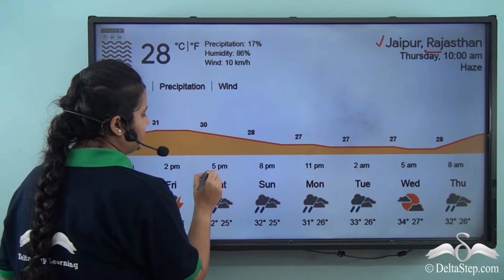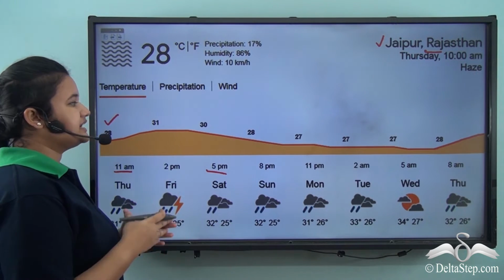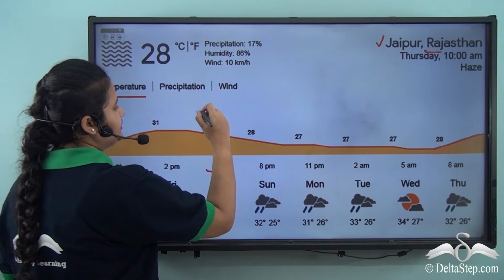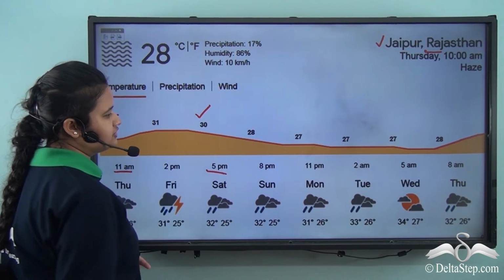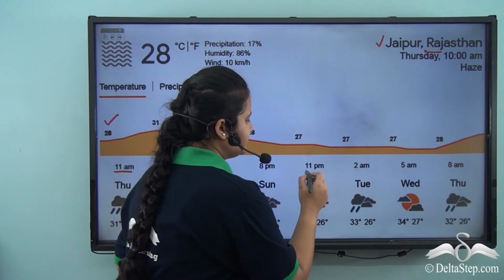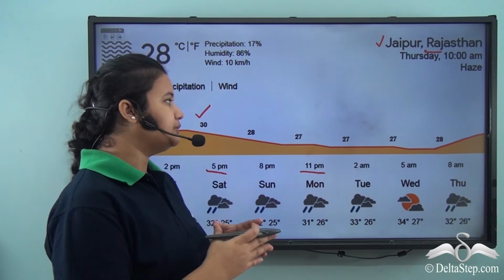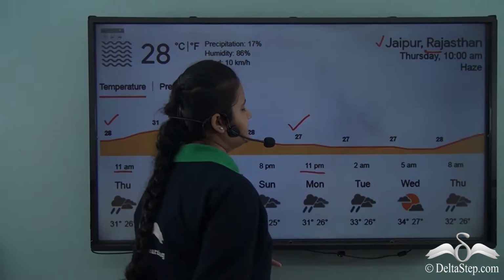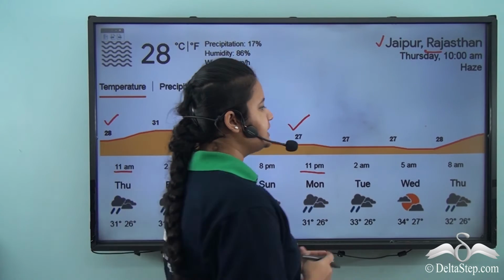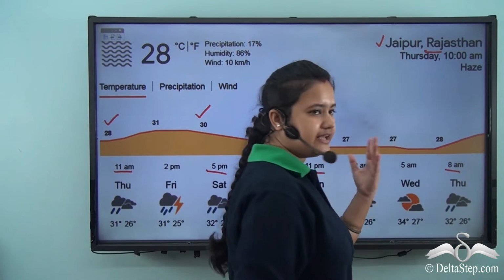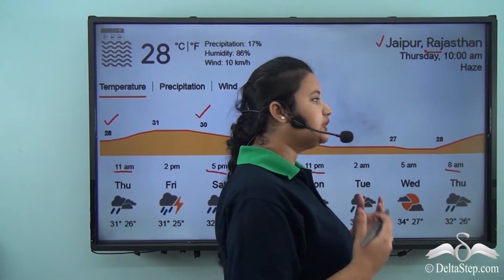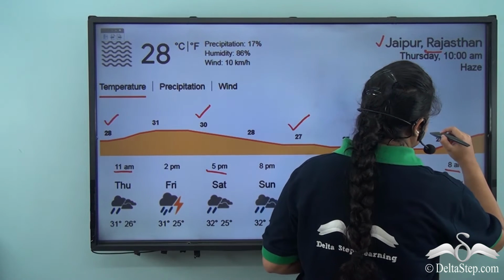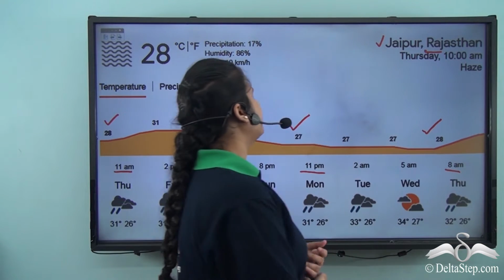Then again at 5 pm, which is almost the time of evening, the temperature is 30 degrees Celsius. And at night, around 11 pm, the temperature drops to 27 degrees Celsius. Now again around 8 am of the next day, the temperature gradually rises to 28 degrees Celsius.